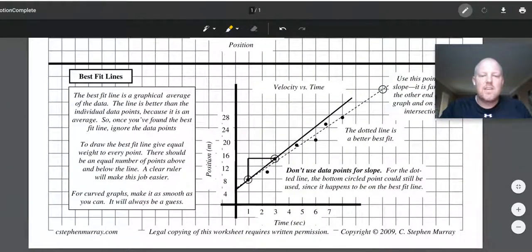The last thing here is whenever you're producing a scatter plot graph, you don't need to have your line of best fit go through the origin at 0, 0. So those are just some things to keep in mind as you graph.